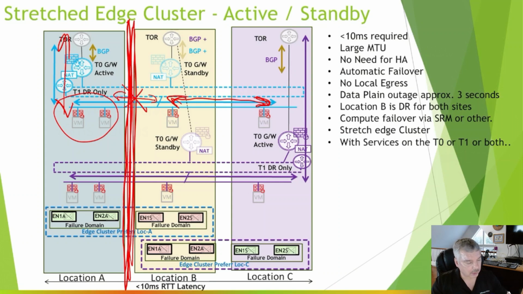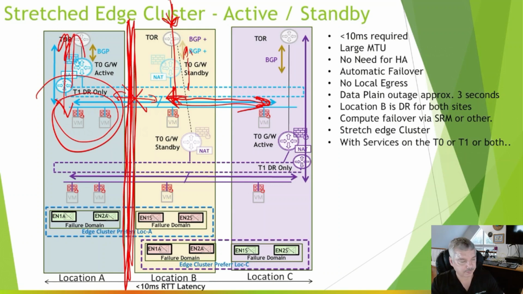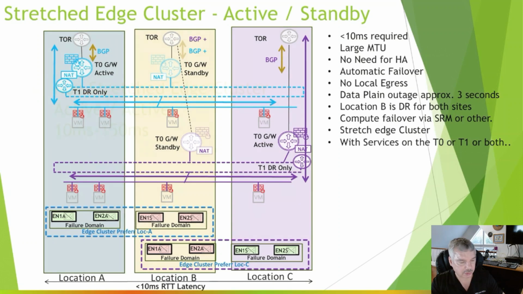It will impact communication on location B. Actually, it would affect north and south as well, because this is still going to have a higher cost. So it's going to impact north-south here, but not north-south over on location A. So if something should happen, if you lose communication between the sites.